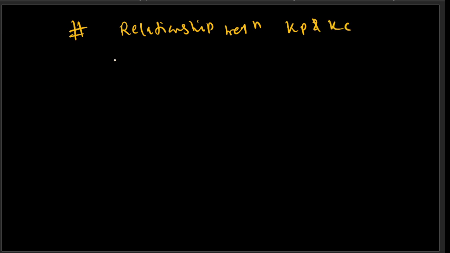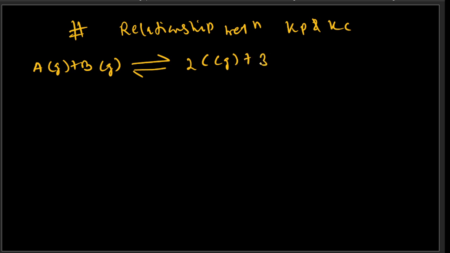Now next, the relationship between Kp and Kc. Let's take the example A gas plus B gas to give 2C gas plus 3D gas.